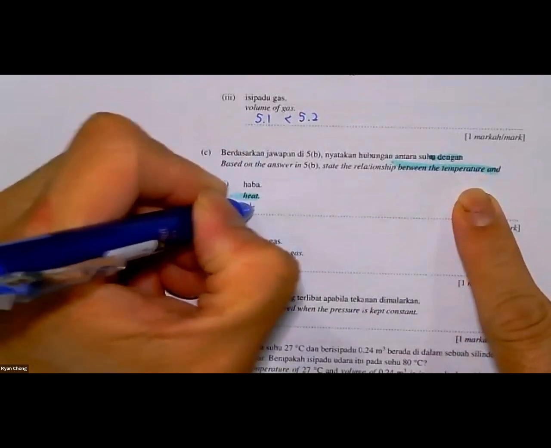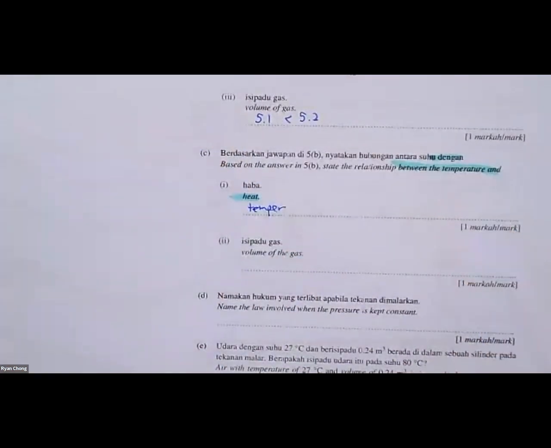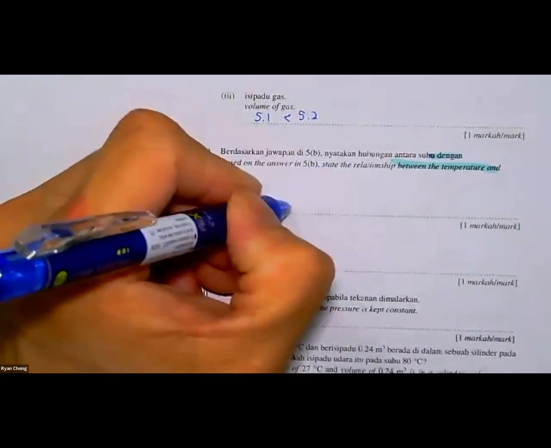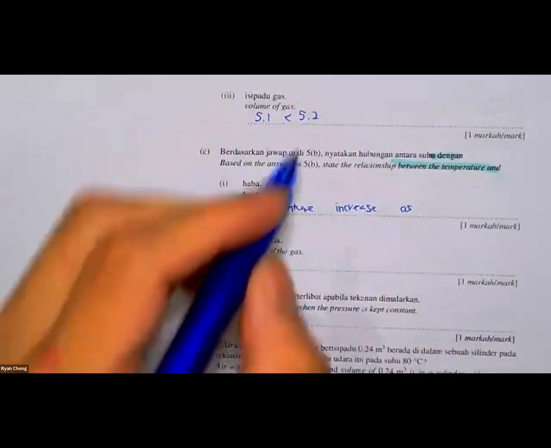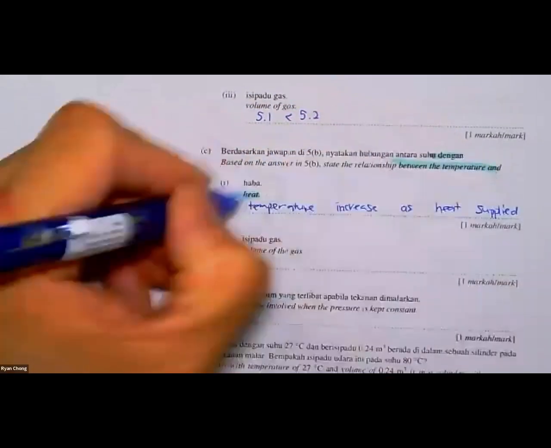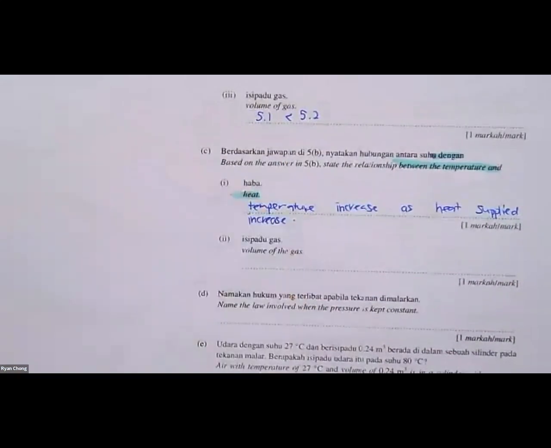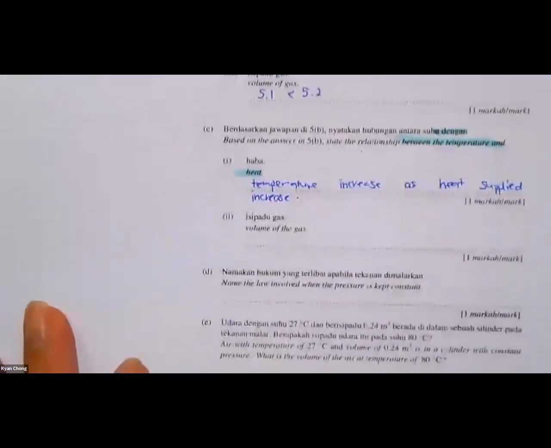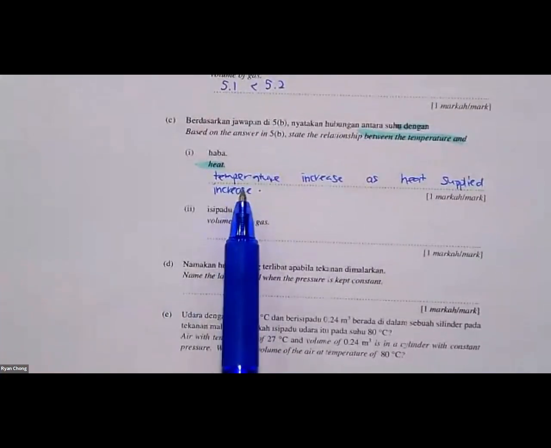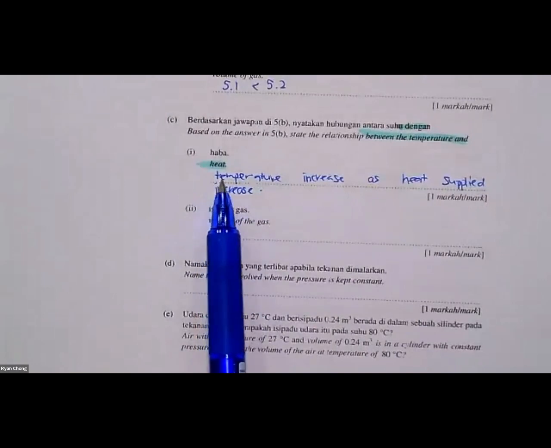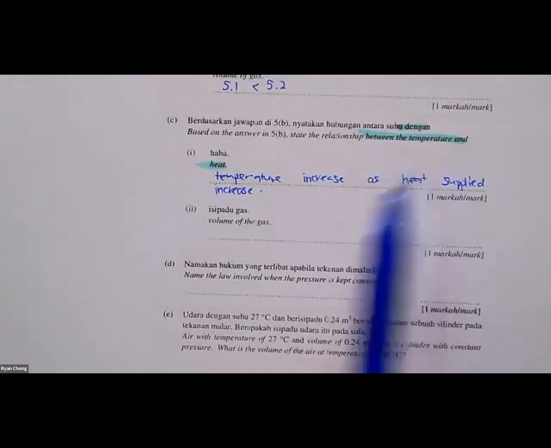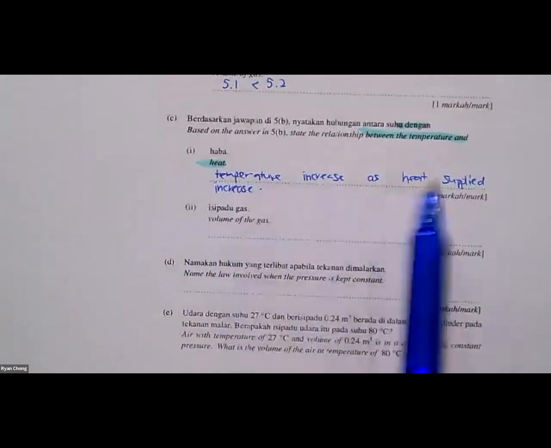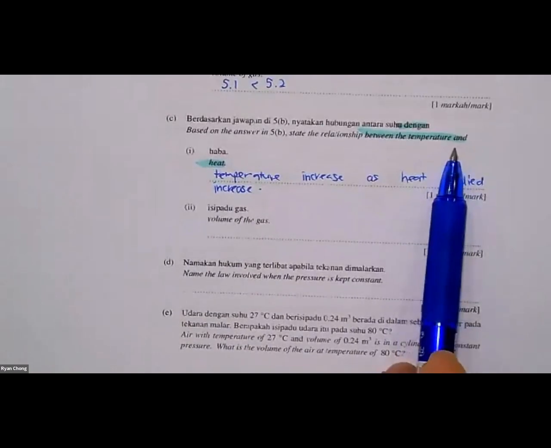So you must say temperature increases as heat supply increases. Some students will ask, teacher, can I reverse it? Can I write the heat in front and temperature behind? Don't, because they already mentioned temperature in front, then heat. That's why temperature must be in front, heat behind. So you don't change their arrangement.